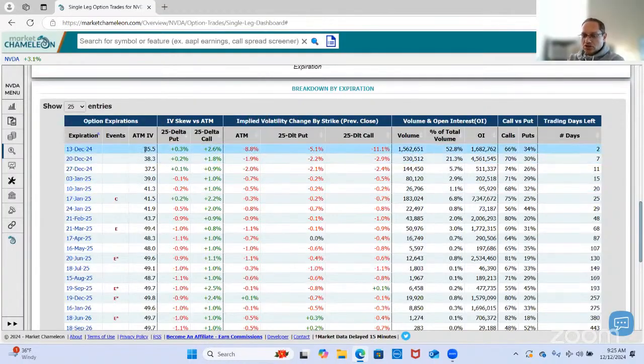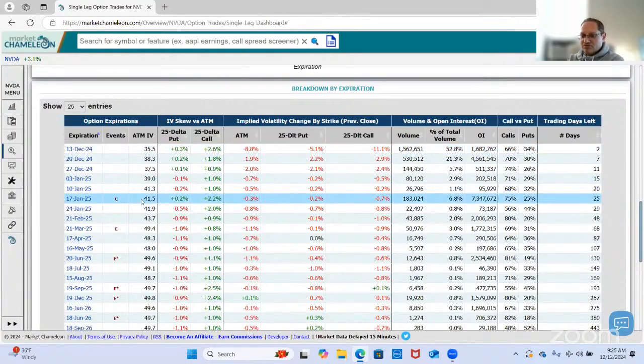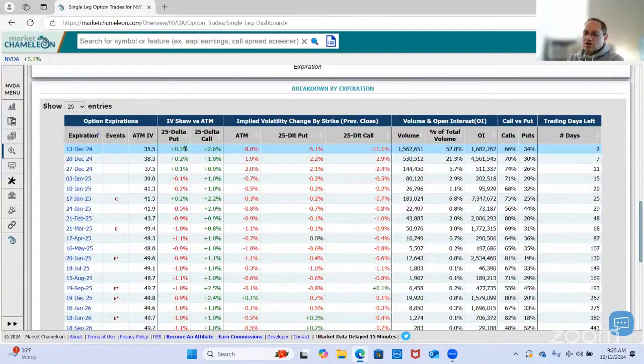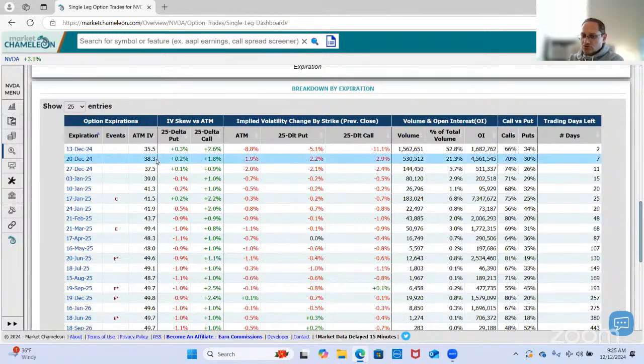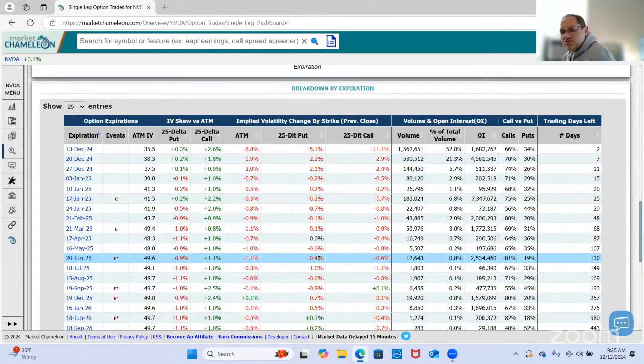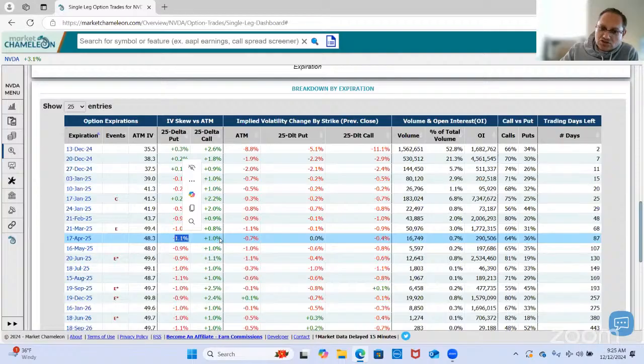What we did was look at the at the money IV values, and the relative values of the 25 delta put and 25 delta call relative to at the monies. So the next question is, how did these values change? Because so far, these aren't changes. These are just relative values. What do they look like?